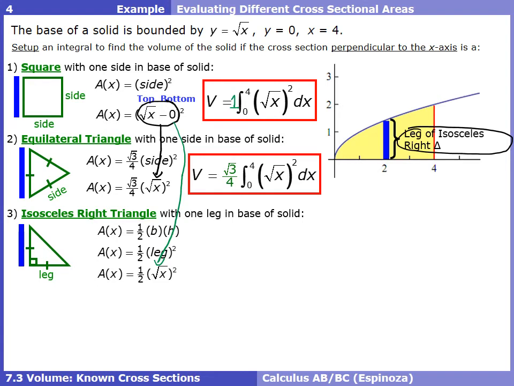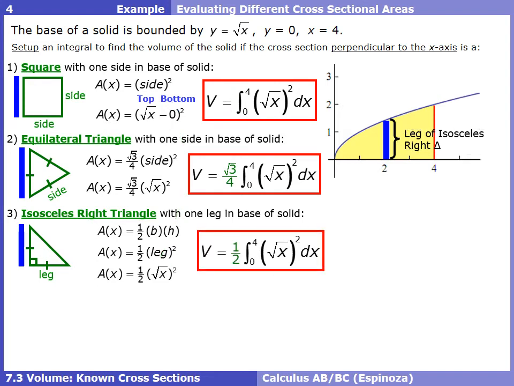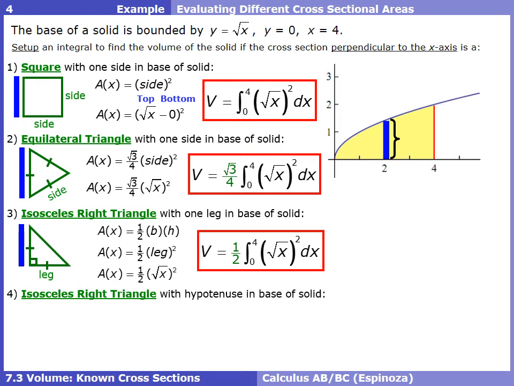And hopefully you'll appreciate here that the formula is still turning out to be the same. The only thing that's changing, in this particular case, is we have a 1/2 in front of this integral.